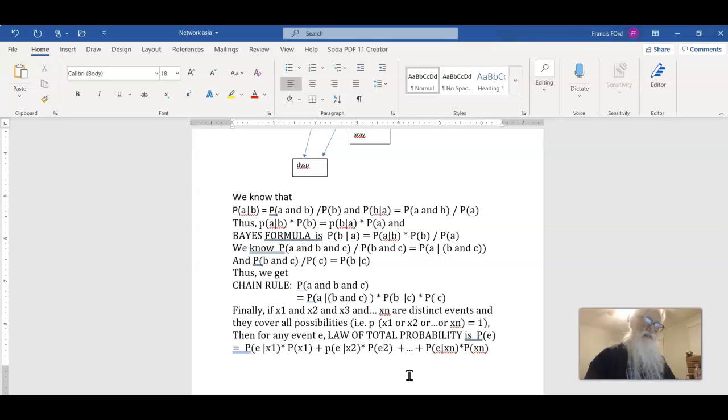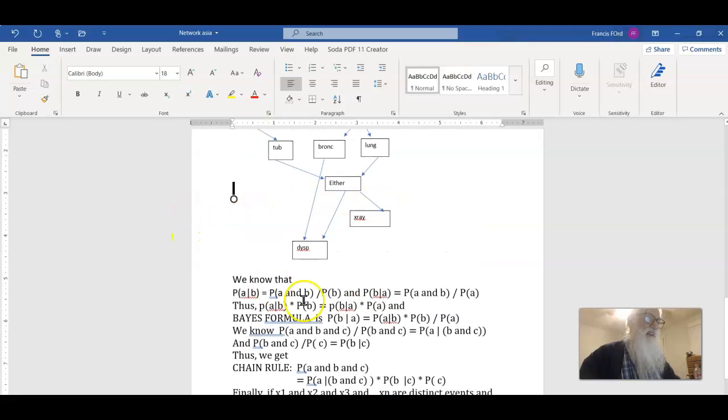The Bayes formula says that if you want the probability of B given A, where B and A are events, and you know the probability of A given B, and the probability of B, and the probability of A, you can compute the probability of B given A. So, for example, if you were trying to get the probability of bronchitis given dyspnea, you could compute that.